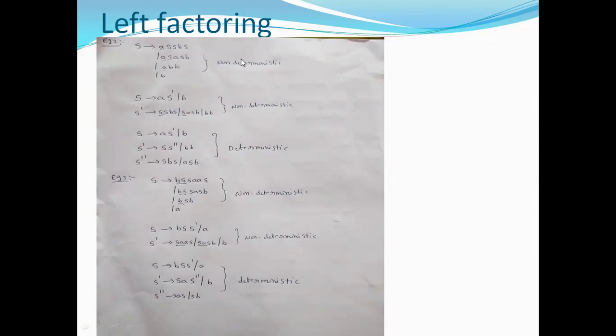So finally, a non-deterministic grammar can be converted into a deterministic one by using the left factoring concept. So this is the example. And coming to another example, S produces B S S, A S and B S S, A B, A S B, or B S B or A. Okay, so what are the common prefixes present in the grammar? B S is common for three productions.